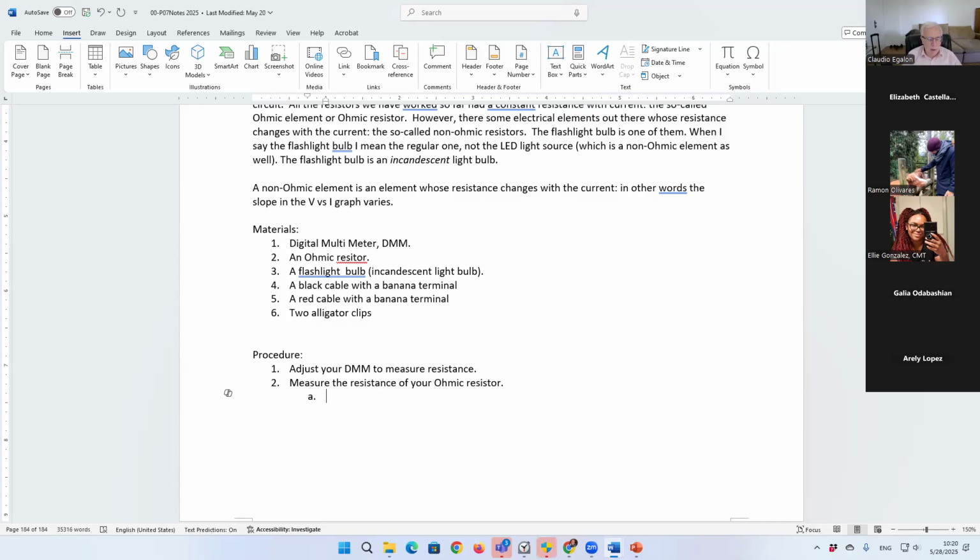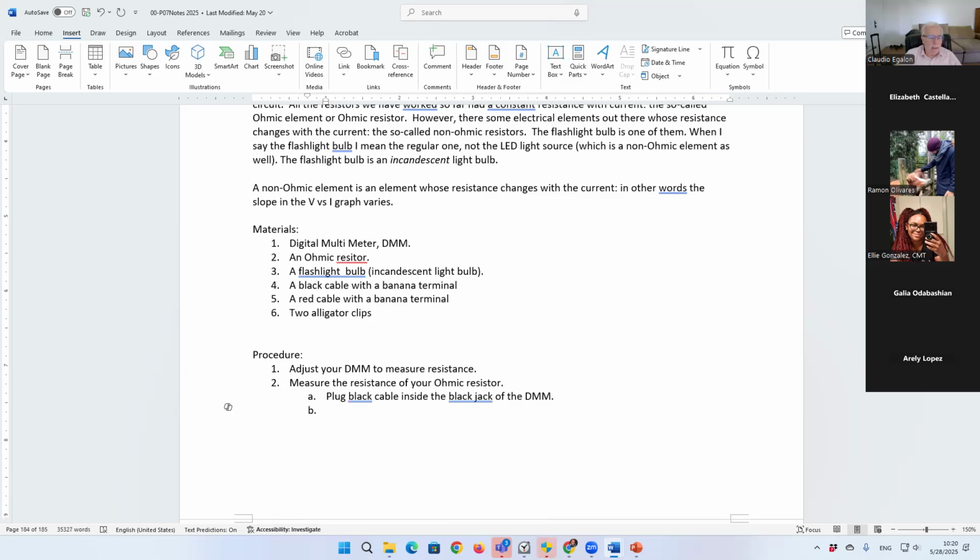Measure first, plug the black cable on the black jack, inside the black jack of the DMM. Okay.